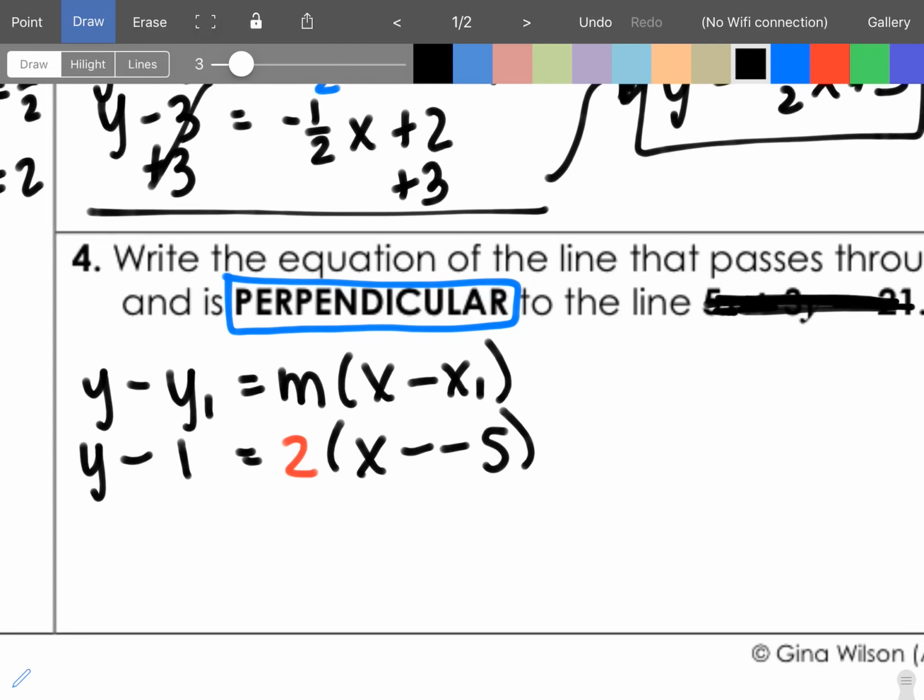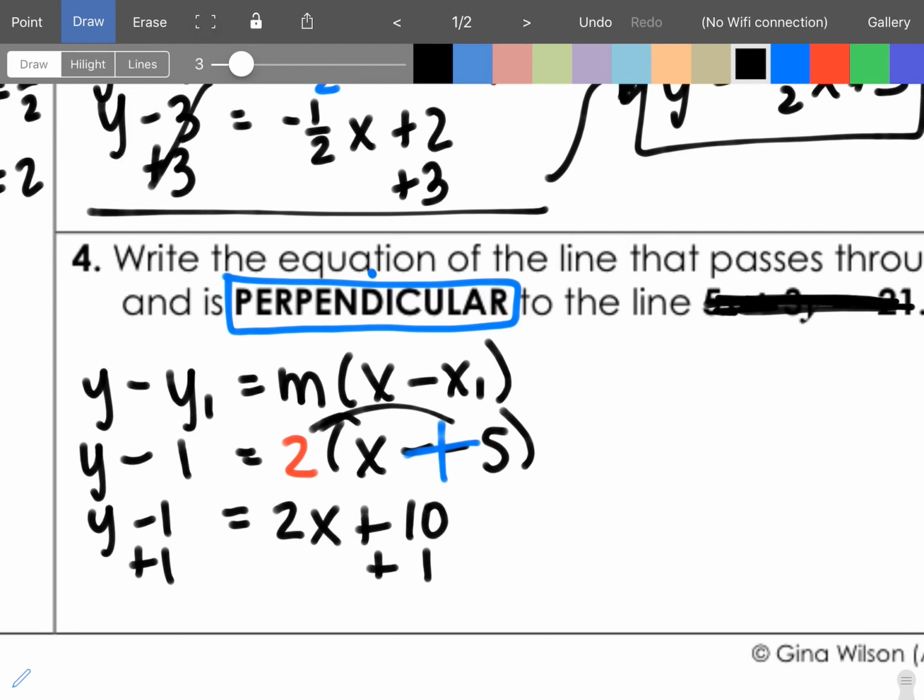And then we make this a plus. Minus a negative is a positive. We're going to distribute here, and we have y minus 1 equals 2x plus 10. And the last step is to add 1 to both sides.